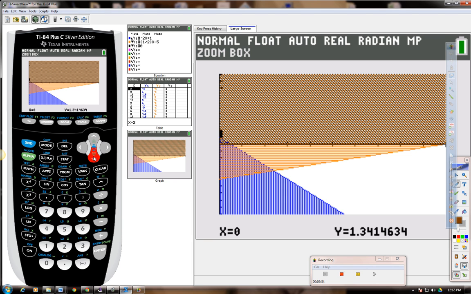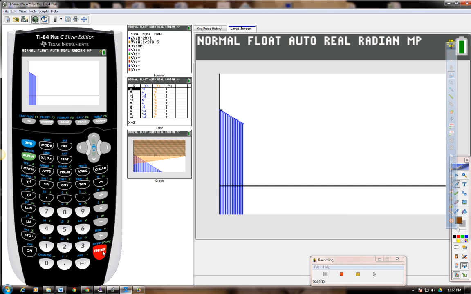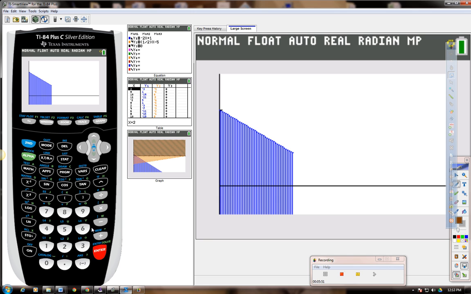Once I hit enter, I'm going down and to the right until I highlight that box that I want to zoom in on. So I'm going to go ahead and do that. Hit enter again. Then it will zoom in on just that box. So you can very clearly see that triangle.